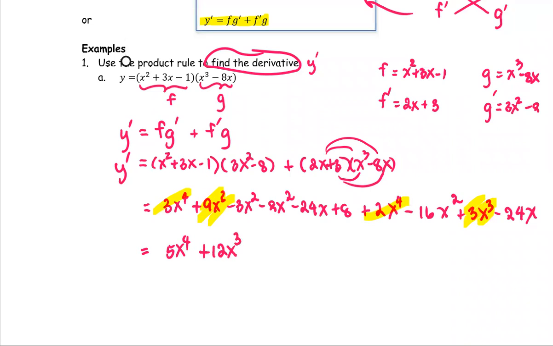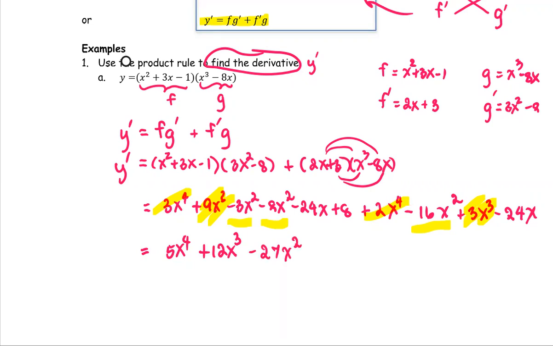After that, we look for the terms with x to the power 2. We have negative 3x squared, minus 8x squared, minus 16x squared. So we get negative 3 minus 8, which is negative 11, minus another 16 becomes negative 27x to the second.